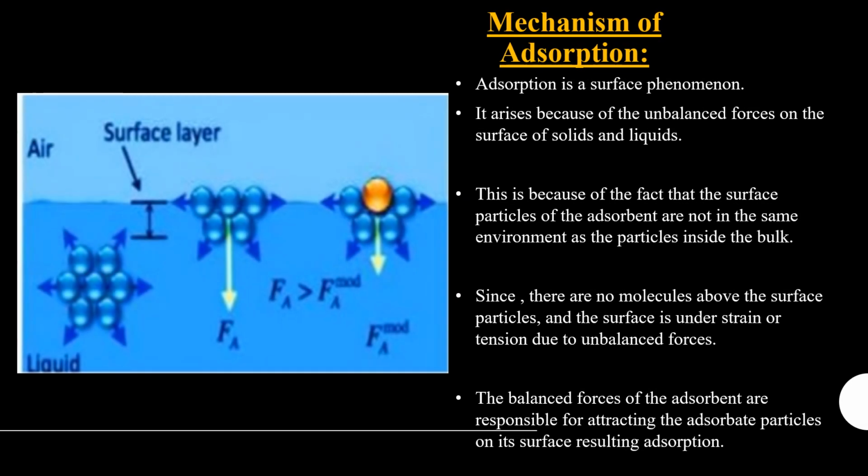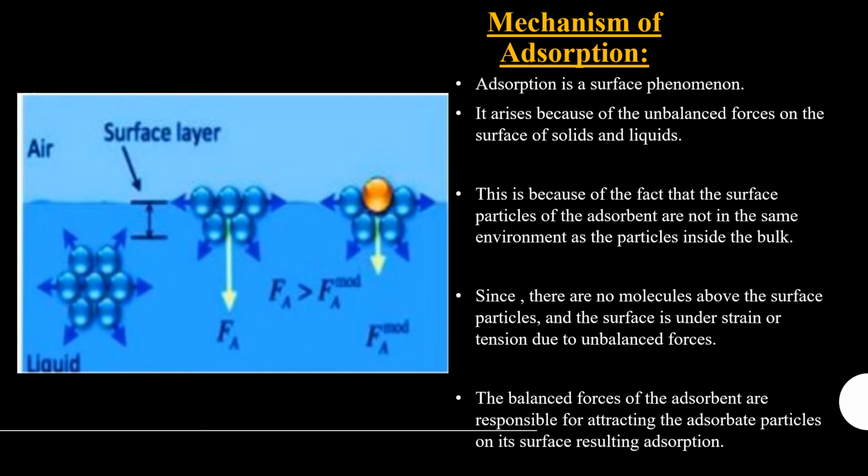Now let's see the mechanism of adsorption. As we know, adsorption is a surface phenomenon. It arises because of unbalanced forces on the surface of solids and liquids. This is because the surface particles of the adsorbent are not in the same environment as the particles inside the bulk.